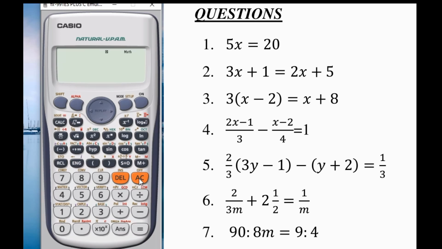So in whatever question you are given, if the variable is not x but any other variable, when inputting that question into the calculator, you have to use x in place of the variable. So in the case of this question, we have 2 over 3 into bracket 3y minus 1. When we are inputting that into the calculator, in place of the y, we will use x. Why? Because the calculator only knows x when solving linear equations.